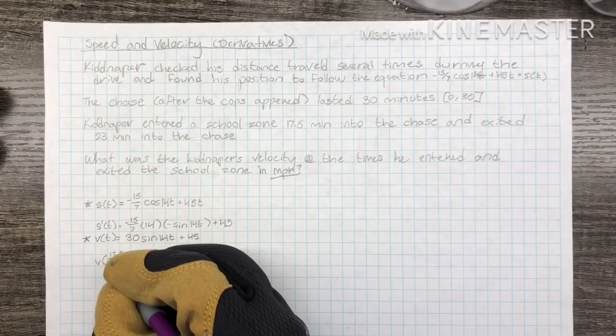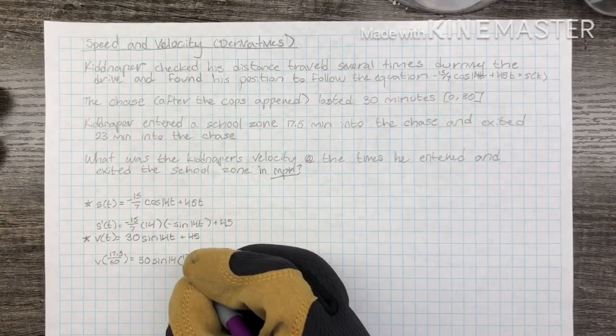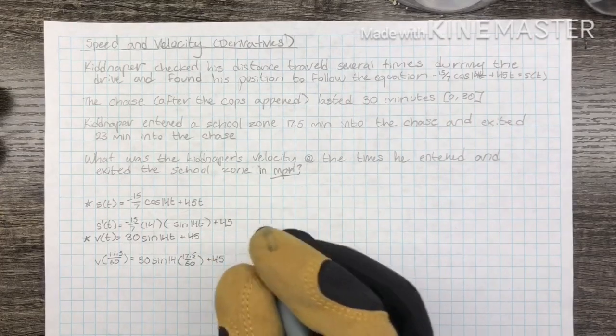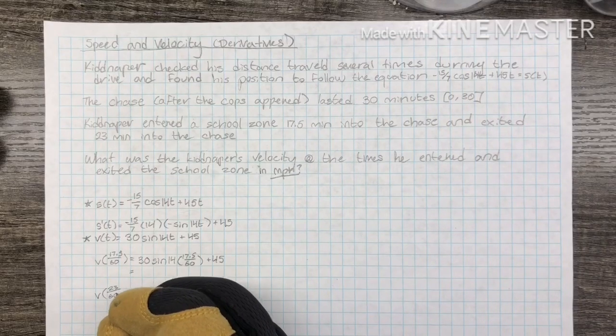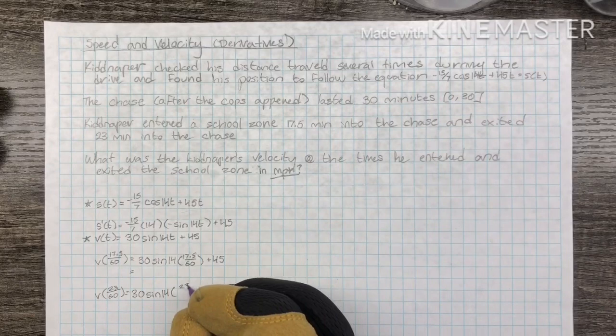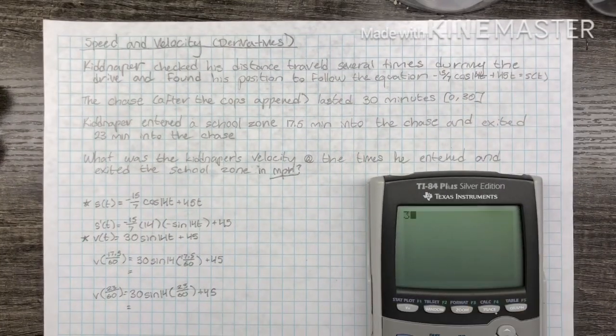To start figuring out how fast he was going, we can plug in both of our times in terms of hours to our equations. Our first time is when he entered the school zone at 17 and a half minutes, which is 17 and a half over 60, and when he exited the school zone at 23 minutes, which in terms of hours is 23 over 60.